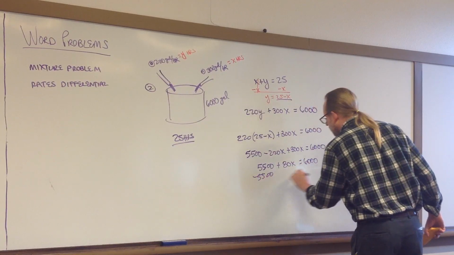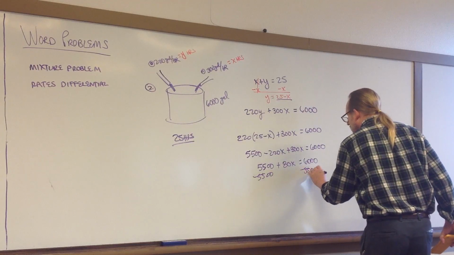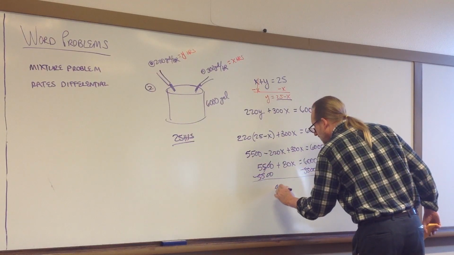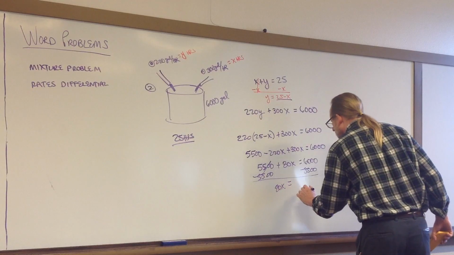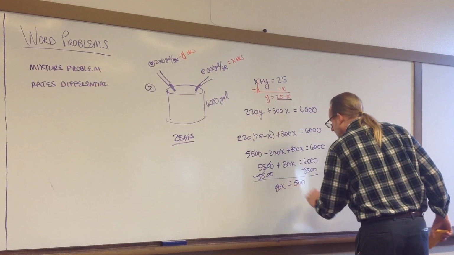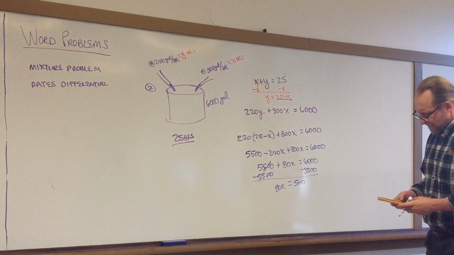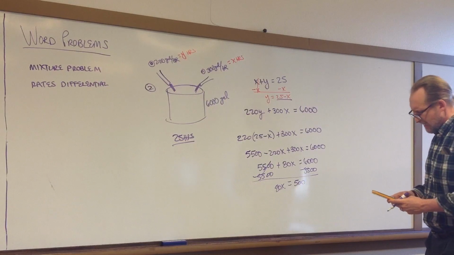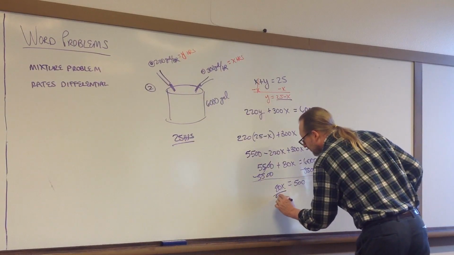Subtract the 5,500 on both sides. 80x is going to give us 500. So 500 divided by 80, 6 1/4, 6.25.